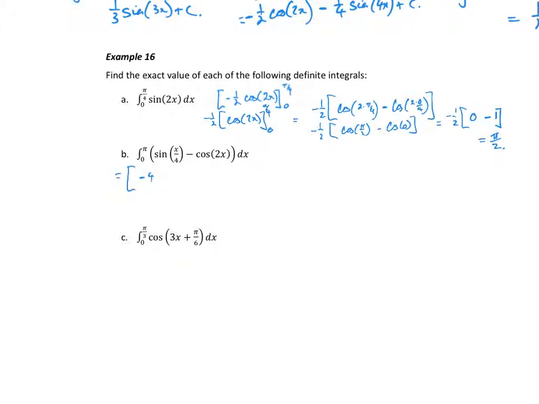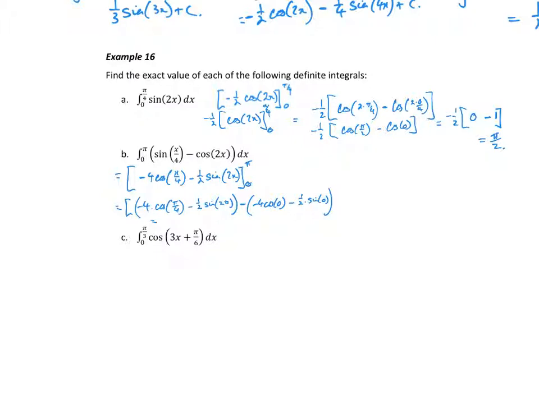So negative 4 because it's a sine, cos x on 4, subtract, k value is a 2, a half, it becomes sine, and because it's the cos function, the sign doesn't change, so it's minus a half sine 2x between pi and 0, which is equal to negative 4 times cos of pi on 4 minus a half sine 2 pi, close all that off, subtract negative 4 times cos of 0 minus a half times sine of 0.